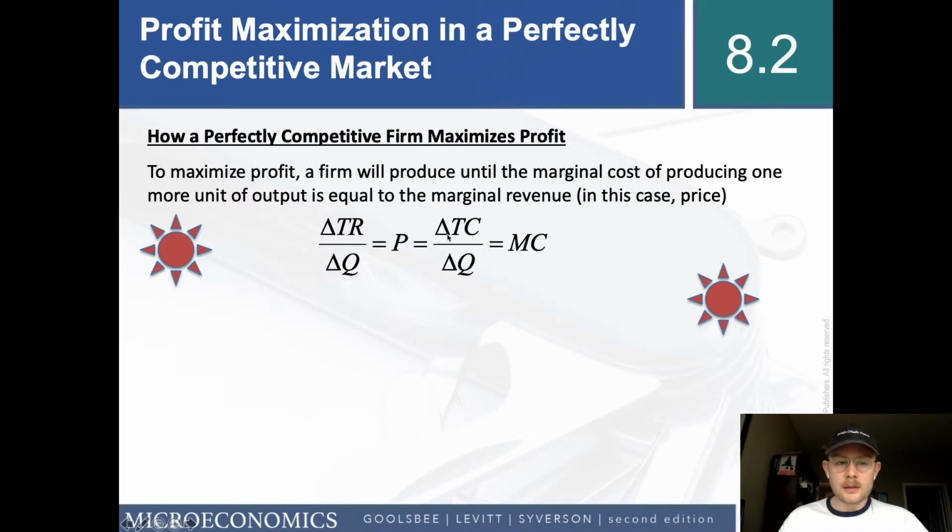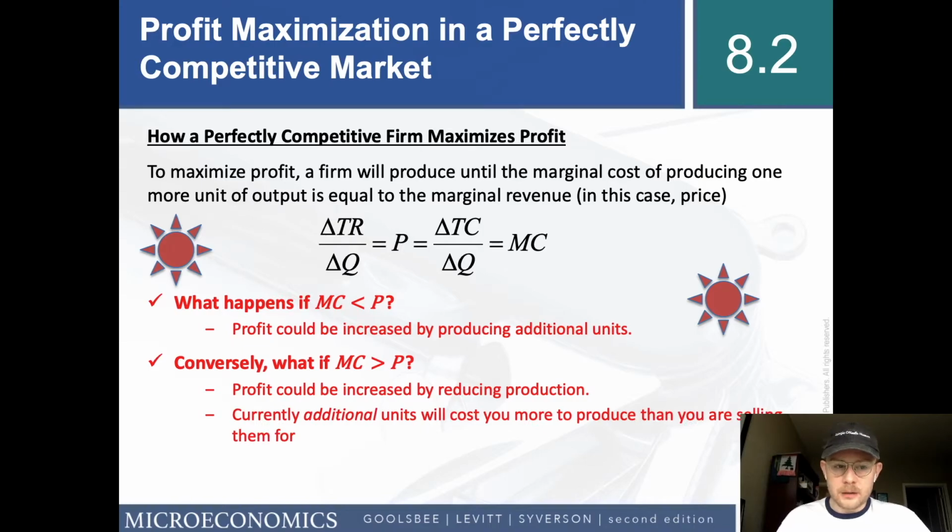Change in total costs over the change in Q, that's marginal cost. As we showed in the previous slide, the marginal revenue in the perfectly competitive case just ends up equaling P because they can't change their price. And so the profit maximizing condition in the perfectly competitive case is when price equals marginal cost.